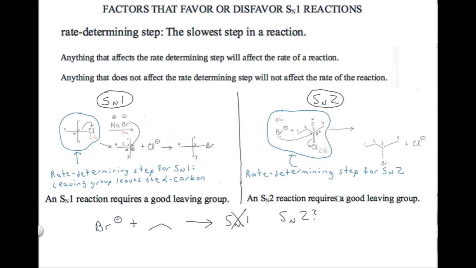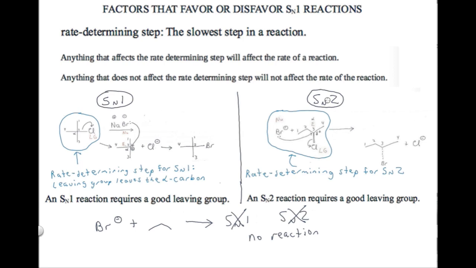Because SN2 also requires a good leaving group, and again, this substrate does not contain a good leaving group. So these starting materials could not carry out an SN1 or an SN2 reaction. In fact, with these starting materials, you would get no reaction. We certainly wouldn't get an SN1 or an SN2 because the substrate does not contain a good leaving group.